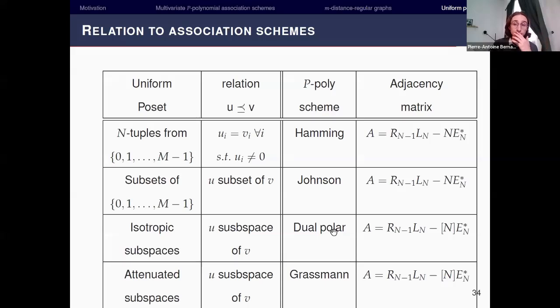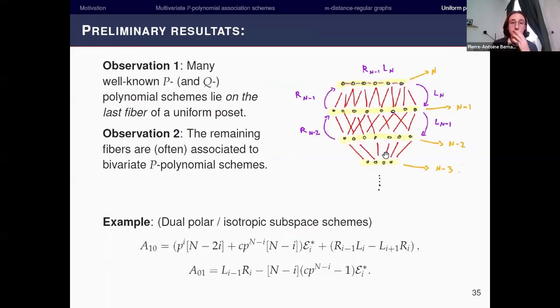So the natural question to ask is, well, what happens if you look at a fiber below the top fiber? And this is the observation that we are working on right now. I mean, this is a preliminary result, but it seems that if you do that and you look at fibers below, often you will find these bivariate P-polynomial schemes.